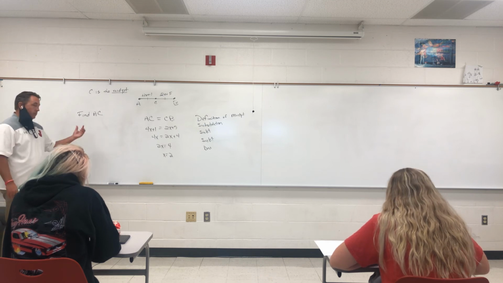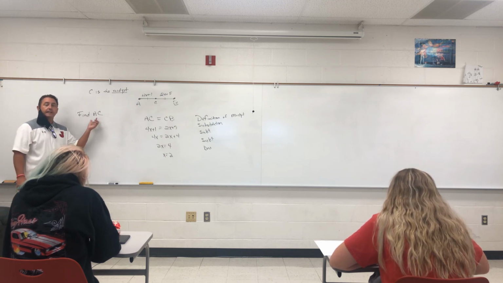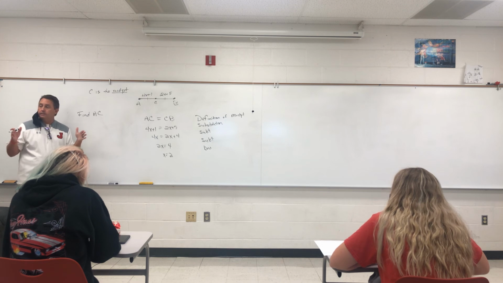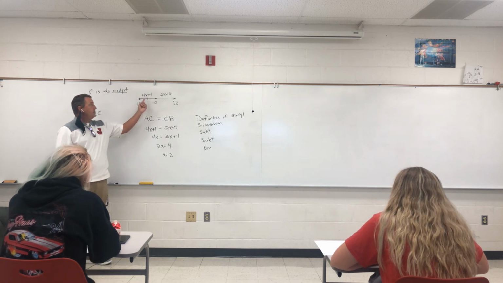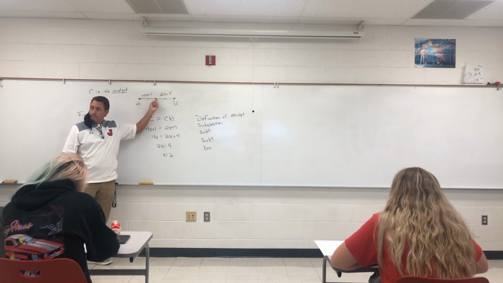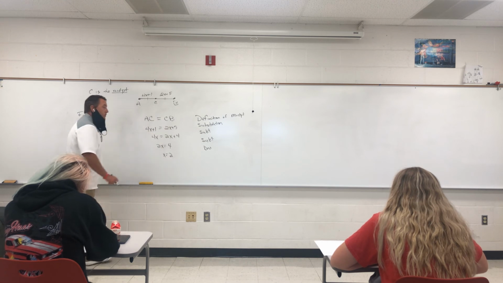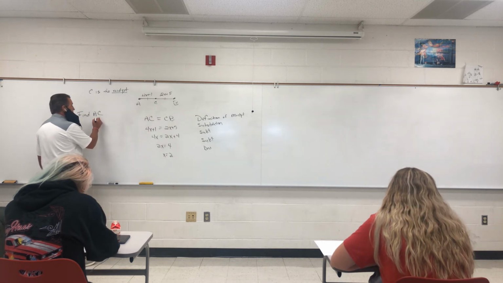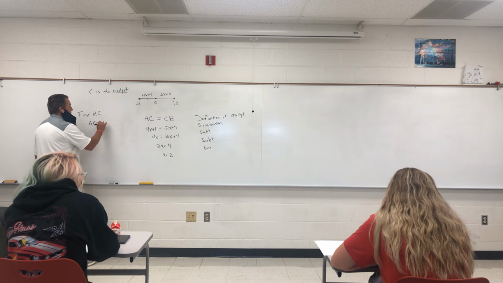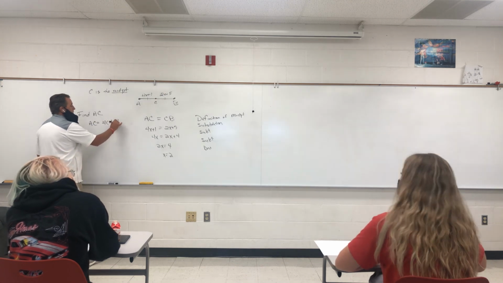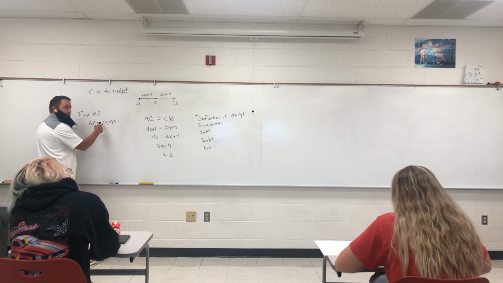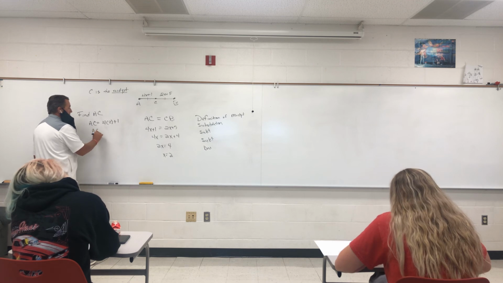So remember, find AC means what's the length of AC, right? We know that AC is 4x plus 1, right? So if we know that x is 2, we can find that by just doing, yep, plug in what we got for x, right? And work it out.